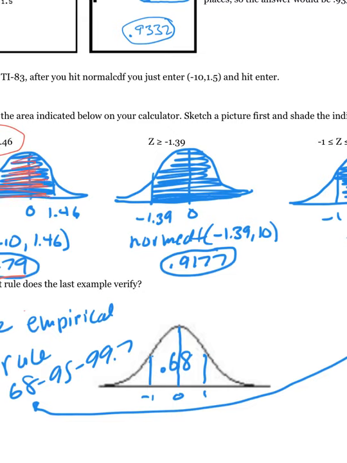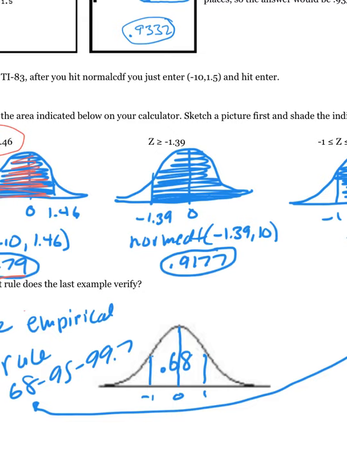Remember, we're going to use -10 as a really low z-score. So to find the area that is shaded, I would do normal CDF -10, 1.46. Or on the 84 calculator, -10 would be my lower z-score, 1.46 would be my upper, and that gives me 0.9279.